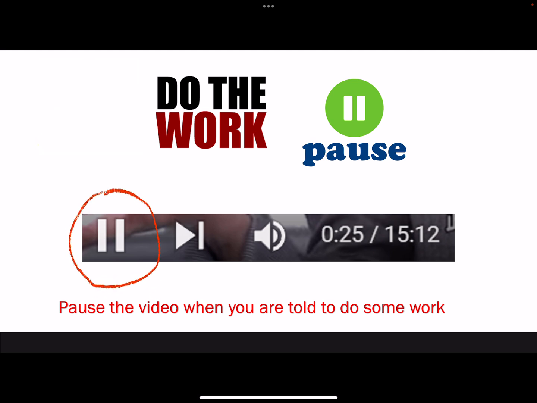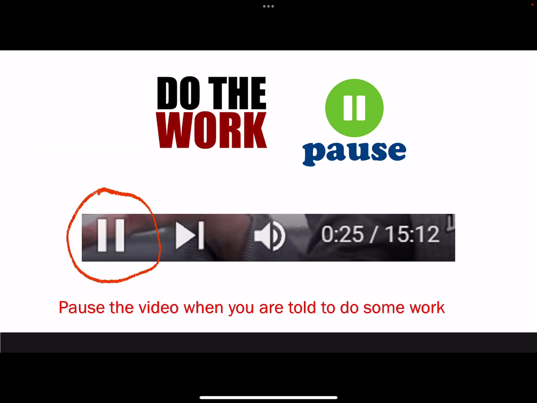Pausing the video means you press the button to pause the video so that you can actually do the work before continuing to play the video. So you will see this pause each time I need you to do some work.